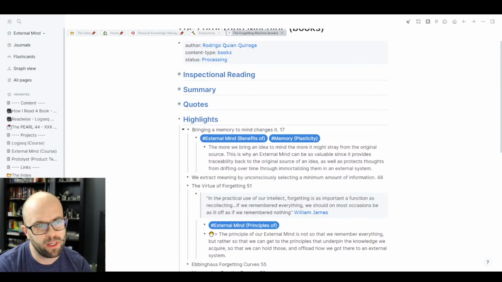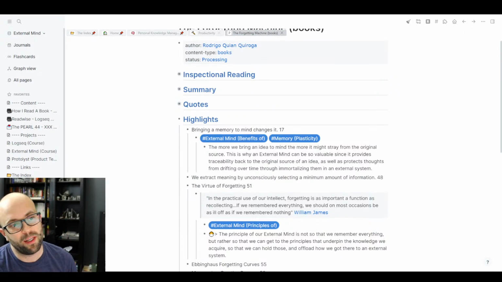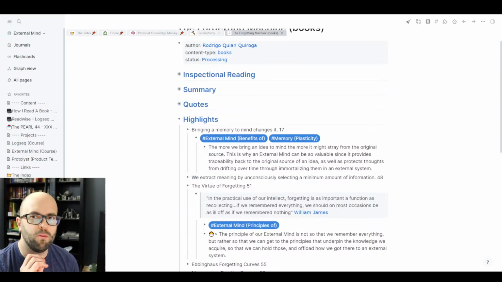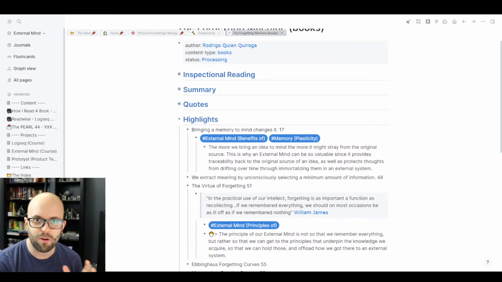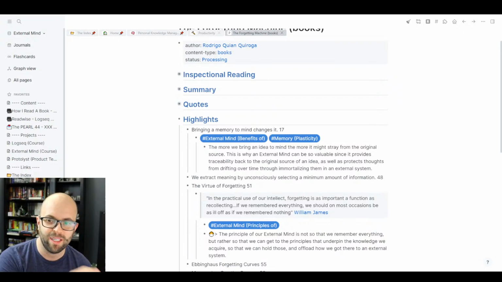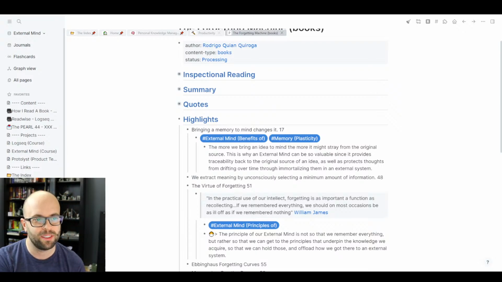So this one here that I already started looking at was an idea that when you bring a memory to mind, it changes the memory. So when I was thinking about an external mind, you don't have to worry about it degrading or changing from its original idea over time, because you're immortalizing it into an external system.